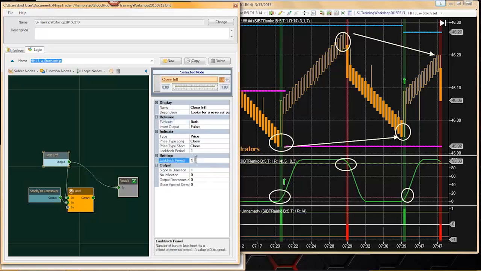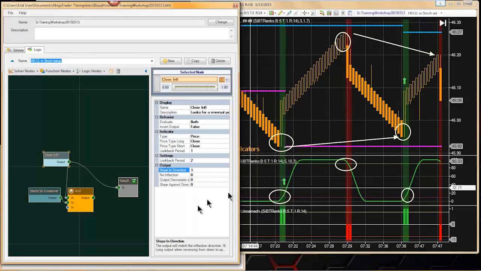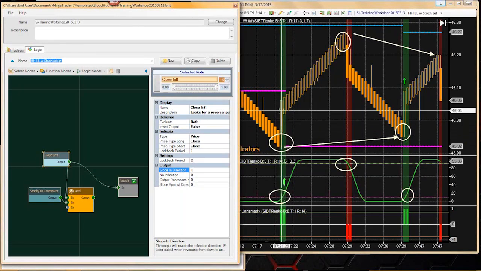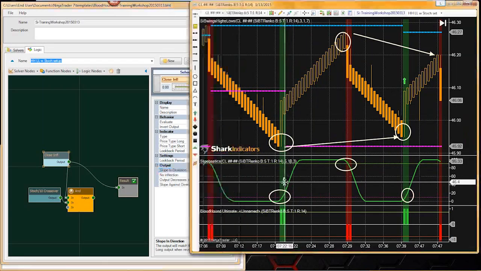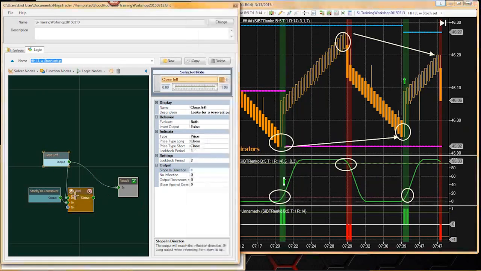So what I can do is use this look back period. Essentially what that does is it's extending the signal forward. So now the price reversal is giving an output when the stochastic crosses that 10 level.